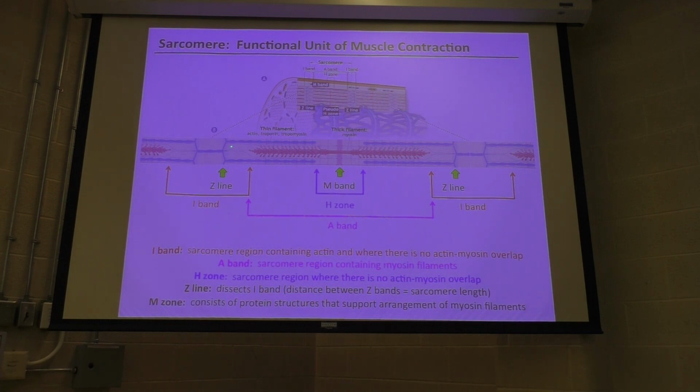As you go past the Z line toward the center of the sarcomere, you start seeing some myosin heads, and this is where the thick filament starts. You see here that they're all arrayed with each other. They spontaneously attach to each other, so experimentally they can act alone in solutions, but they spontaneously form these clusters.